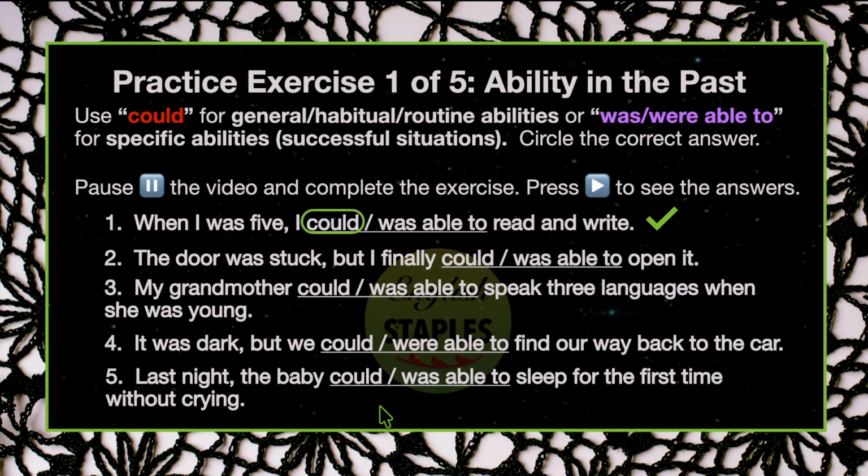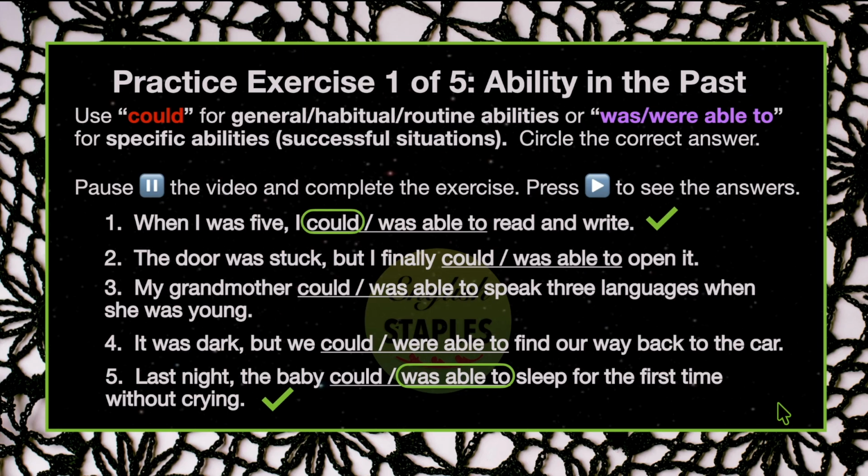How about number 5? Last night, the baby was able to sleep for the first time without crying. If you say was able to, that's correct. I totally agree with you.